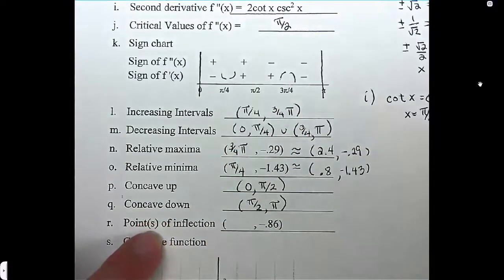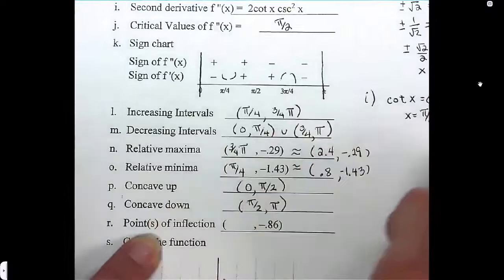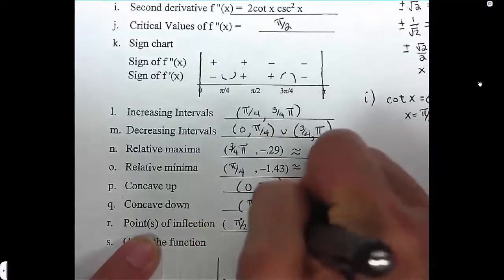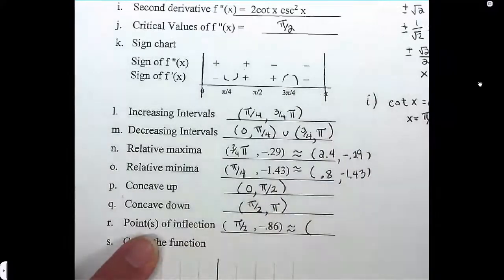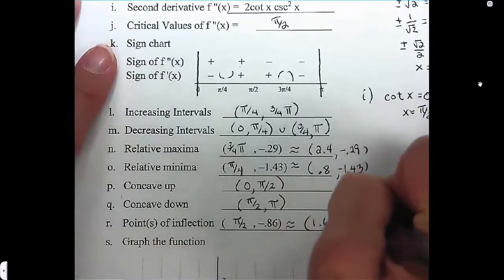And what's the x-coordinate of the point of inflection? Pi over 2, where the concavity changes from up to down. So pi over 2, or when we plot that, we're going to call it about 1.6-ish, negative 0.86.